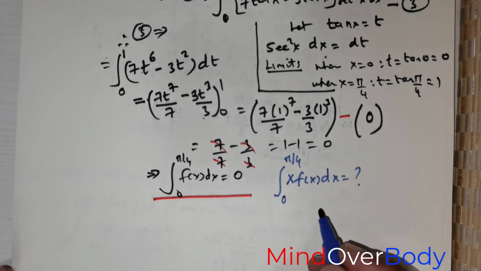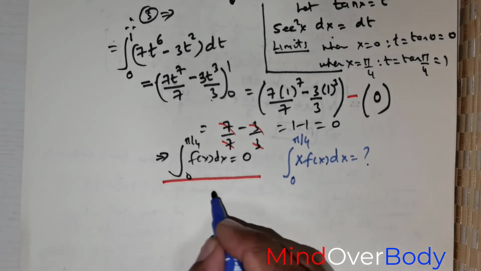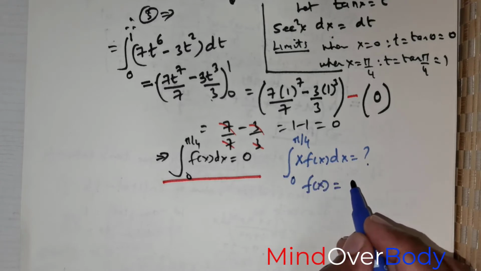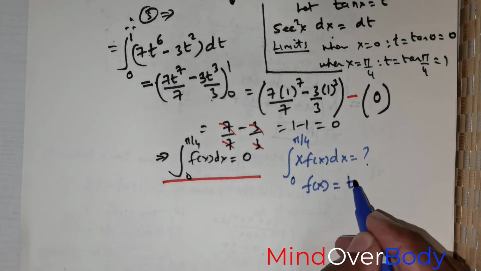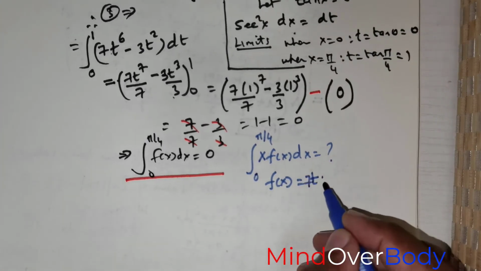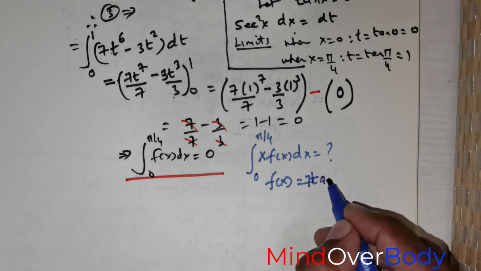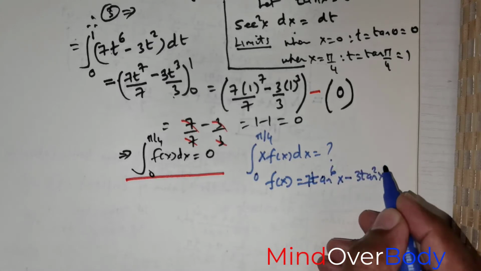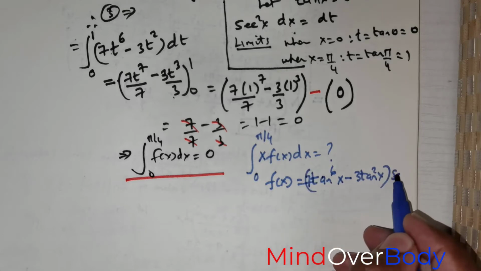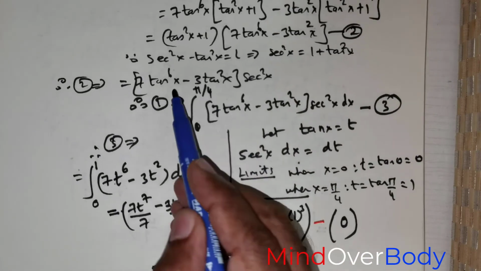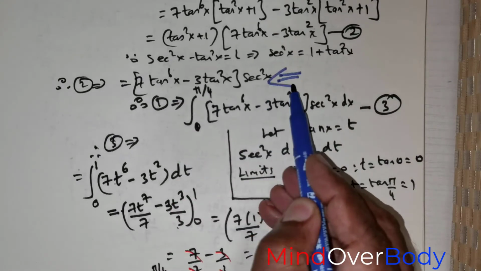Now this is easy for the fact that we have already deduced or simplified f of x. Now f of x from the previous simplification is nothing but, let me write it in this fashion: 7 times tan raised to the power of 6x minus 3 times tan squared x times secant squared x. So this was the simplification that we have achieved for f of x.